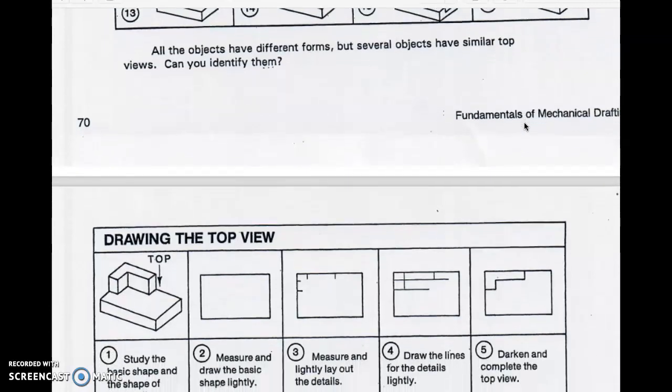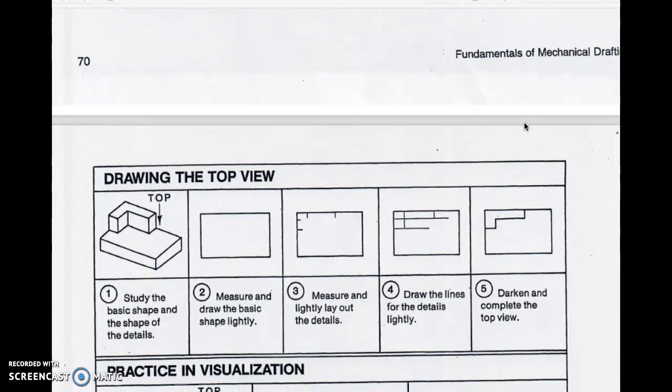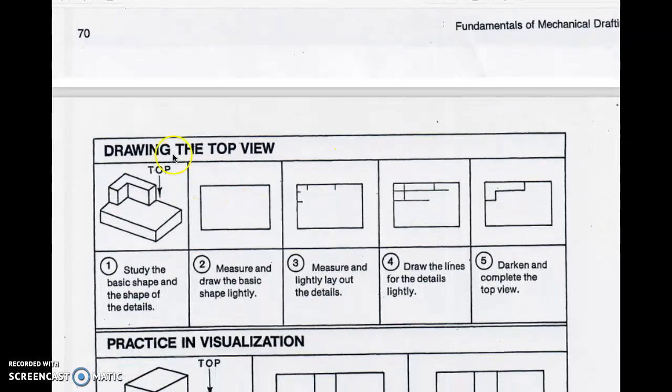When we draw in the top view, this drawing technique is identical to what we have done in identifying and drawing out the front view. It's now just the top view.